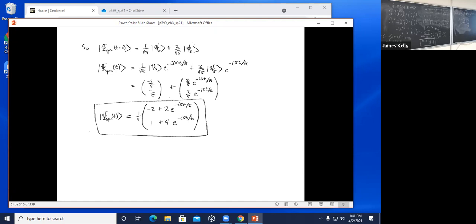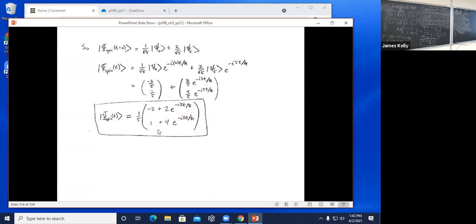And generally, it's a good idea then to write it just as one big 2-element column vector. And you can kind of see now, at least for this case, as time goes on, this complex exponential function is spinning around. When the argument 5t over h bar is pi plus a multiple of 2 pi, then this will be maximal and this will be minimal.